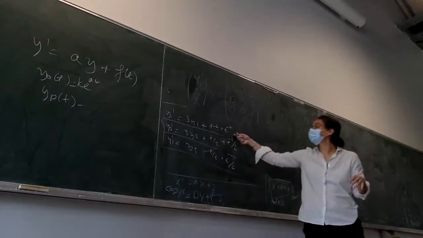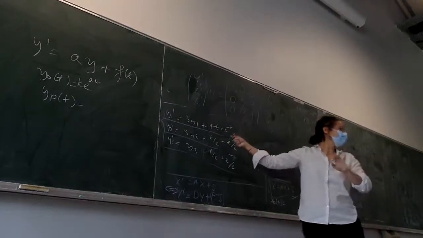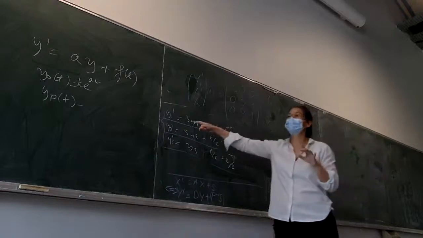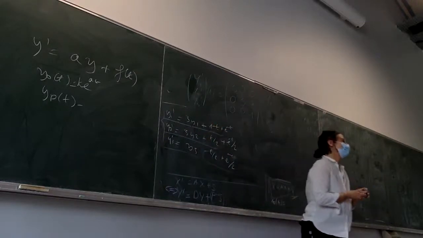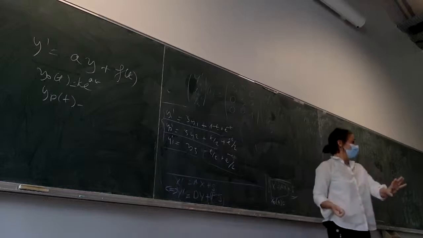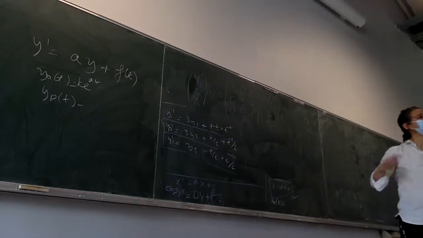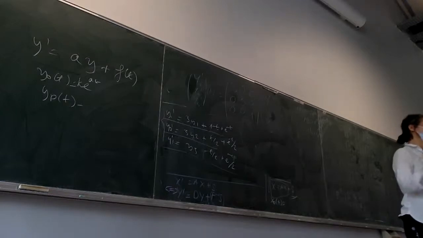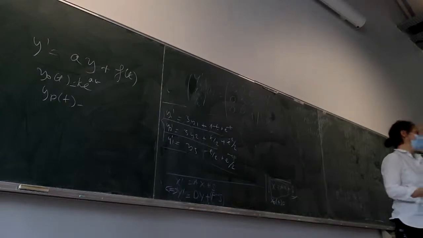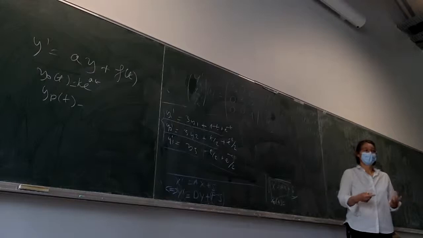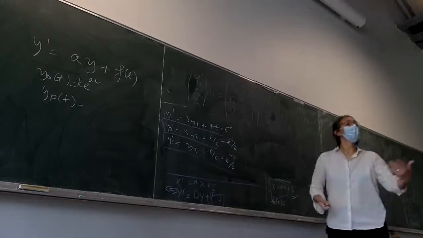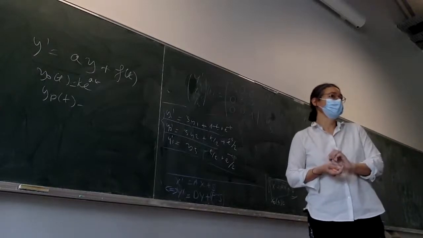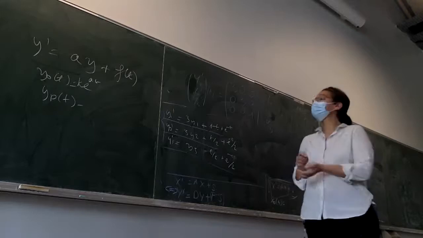When we've got some exponentials, as long as it's not the same exponential as the one in the homogeneous part, we can look for the same exponential. If it's the same exponential as in the homogeneous part, you have to multiply it by t. And if we have trigonometric functions, we can look for trigonometric functions. Okay, so let's do this.